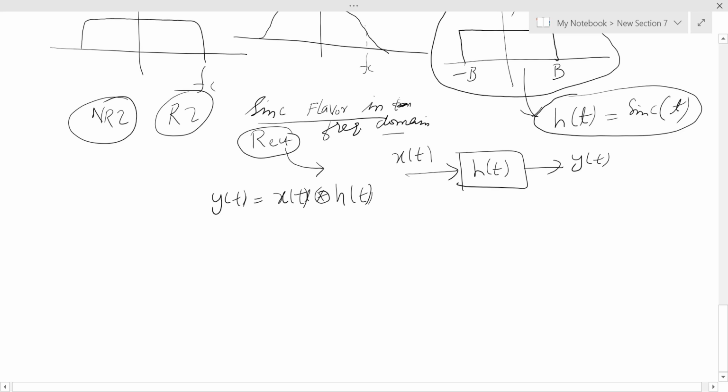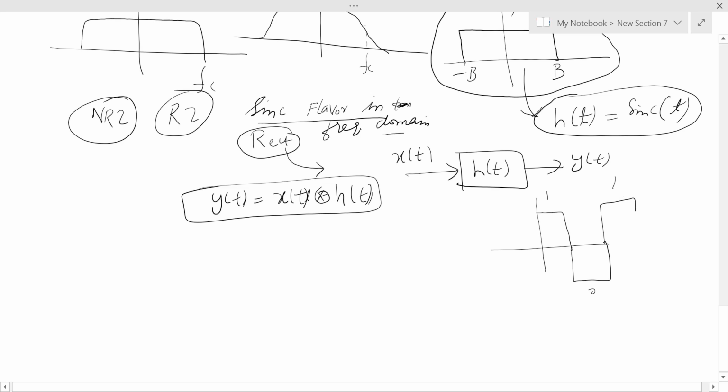So at the receiver you will not get rectangular pulses, rather you will get these sincs. Suppose this was 1 and this was 0, and then this was again 1. So at the receiver you will get something like this.